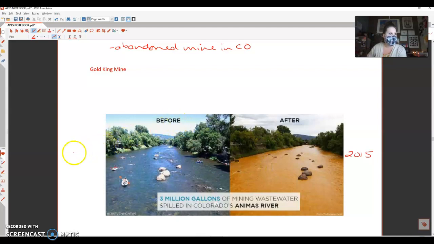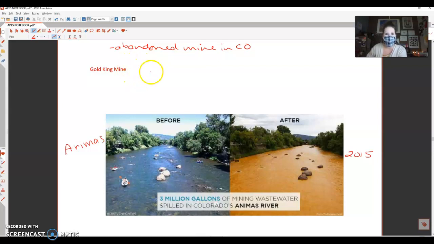So this right here is the Animas River. Okay? The Animas River became contaminated. 3 million gallons of mining wastewater spilled in Colorado's Animas River. Okay? So what happened is the EPA was there helping to clean out this abandoned mine.